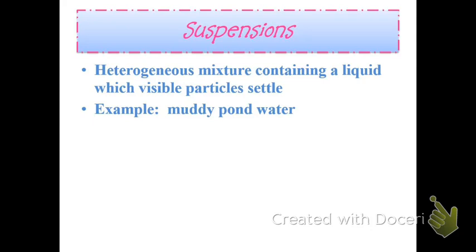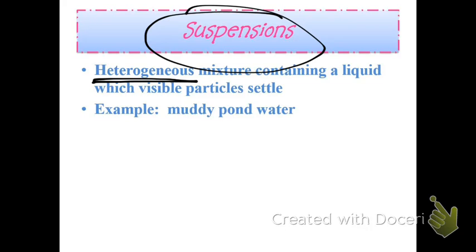Then you have these things called suspensions. These are heterogeneous mixtures where the visible particles actually settle out. There's not a lot of these things that I can give you examples of. One of the few things I can think of is muddy pond water.